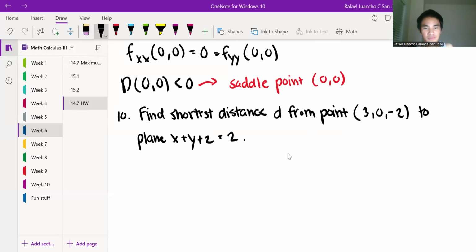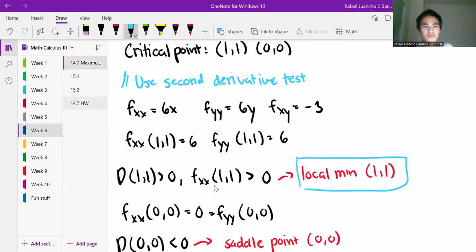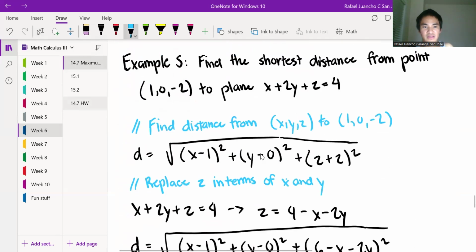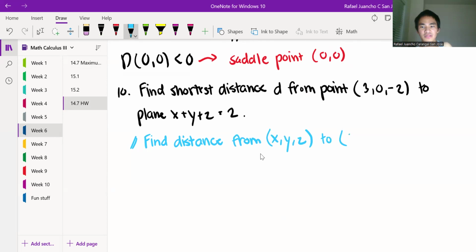Cool. Okay, so I do a distance formula first, right? That was my first step. So find the distance from, let's say, x, y, z, all the way to this point.